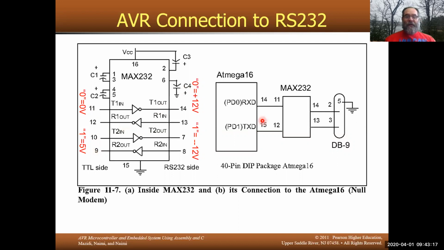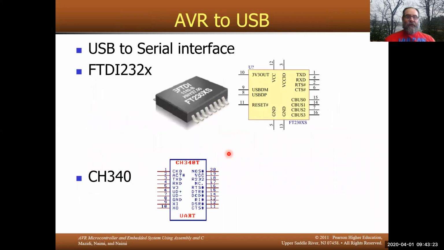And that can be interfaced. There's also chips such as a CH340, which you have on your board, that are designed to take RS-232 information and convert it into USB, which is short for Universal Serial Bus, information.